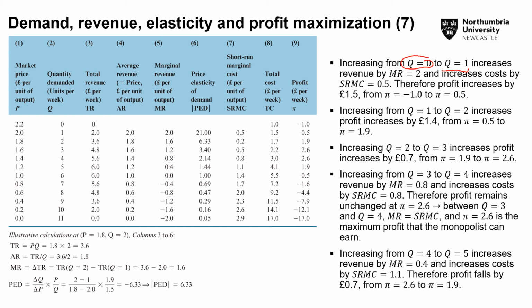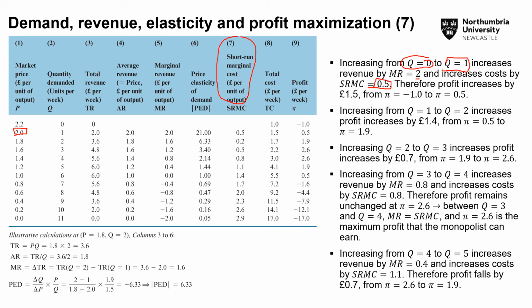And then we start selling 1 unit, and we sell that unit at a price of £2. So what is the increase in the associated cost? Well, we say that marginal revenue is 2, and then the short-run marginal cost is 0.5. That comes from column 7 specifically.